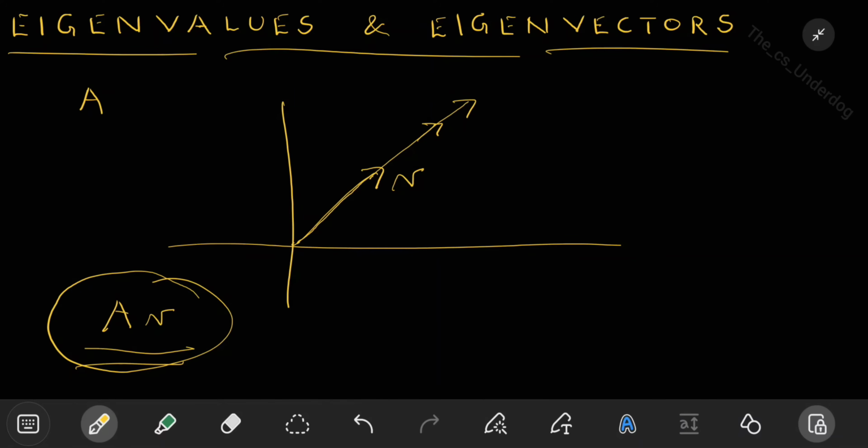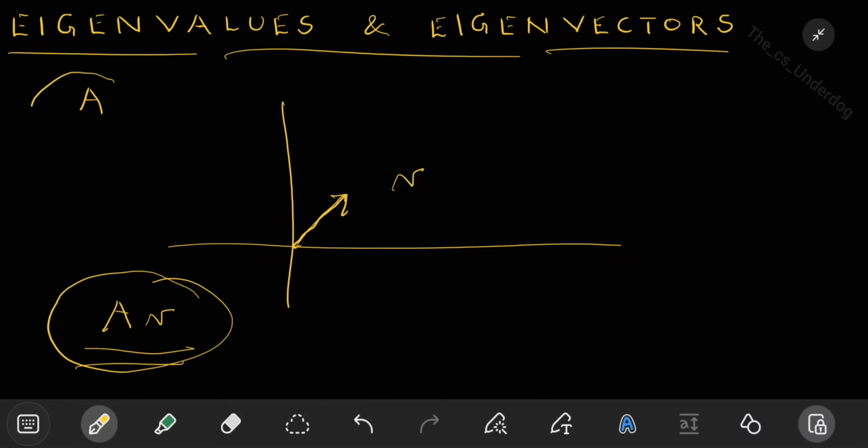That is, it may increase in size or maybe it will shrink in size. But it won't change in direction. It can't change in direction if it is an eigenvector.